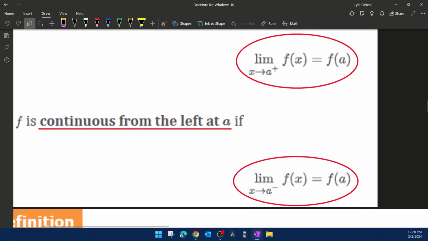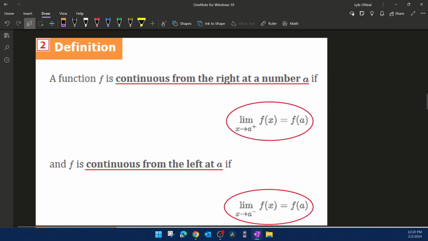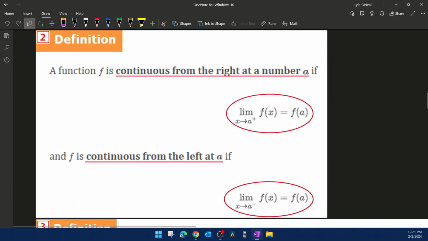And from the left, it is possible for a function to be continuous from the left if the limit of the function as x approaches a from the left is the same as the function value at a. That is all this definition says, is that if you're coming in from the left or the right and the function is approaching the height and the function value exists and they're the same, then it would be continuous from one side or the other.